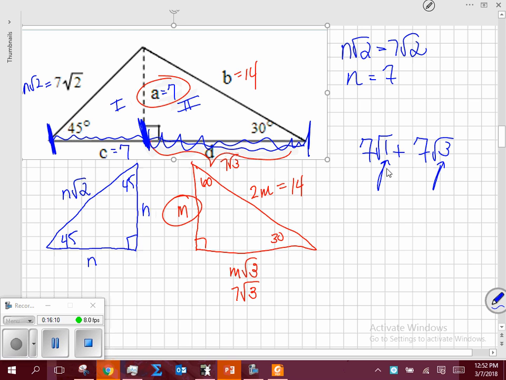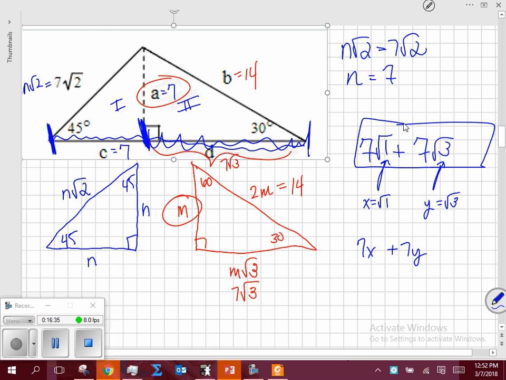To make an argument about this, let's say that x was equal to radical 1 and y was equal to radical 3. If I did substitution with that, you would have 7x plus 7y, and we know that we can't make that like 14xy or anything like that with addition, right? So we just leave it as 7x plus 7y. So we leave this as 7 radical 1 plus 7 radical 3, or just 7 plus 7 radical 3.